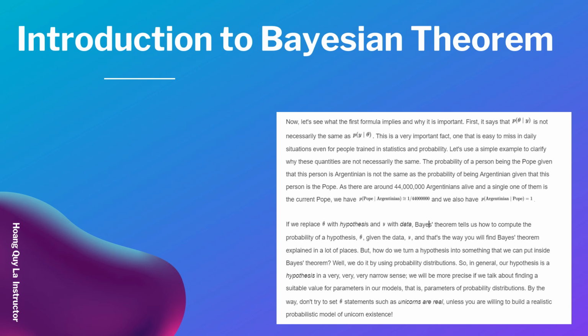In general, our hypothesis is a hypothesis in a very narrow sense. We will be more precise if we talk about finding suitable values for parameters in our models, that is, parameters of probability distributions. By the way, we don't try to set theta to statements such as unicorns are real, unless you are willing to build a realistic probabilistic model of unicorn existence.